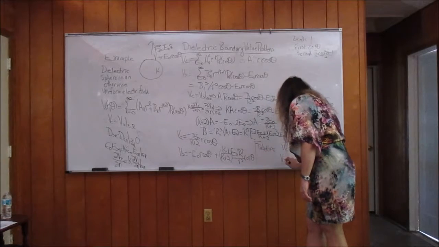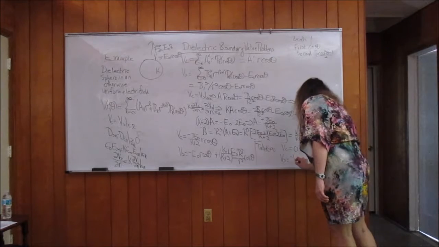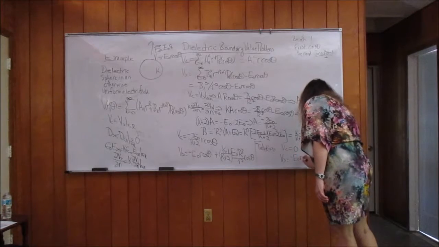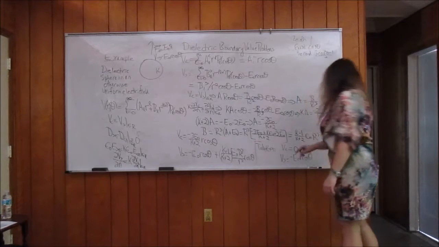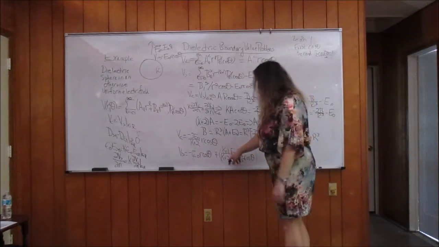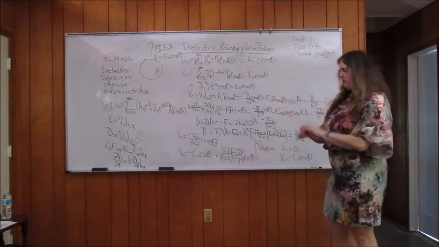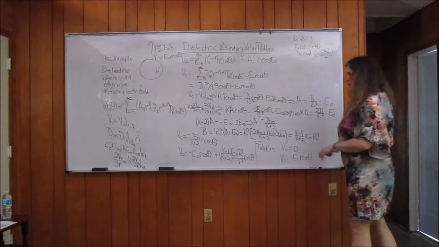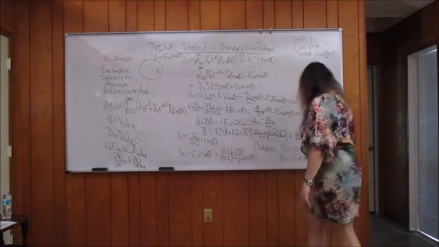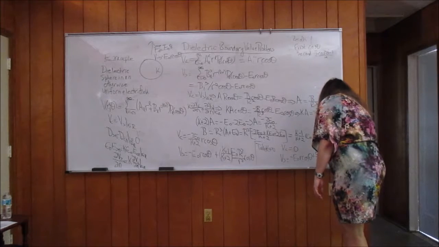Now the exterior solution, that first term is unaffected as it should be, minus E naught R cosine theta. And in the last term, if K gets very, very large, the 1 and the 2 are negligible in comparison, so basically the K's cancel out and we'll be left with E naught radius cubed over R squared cosine theta.